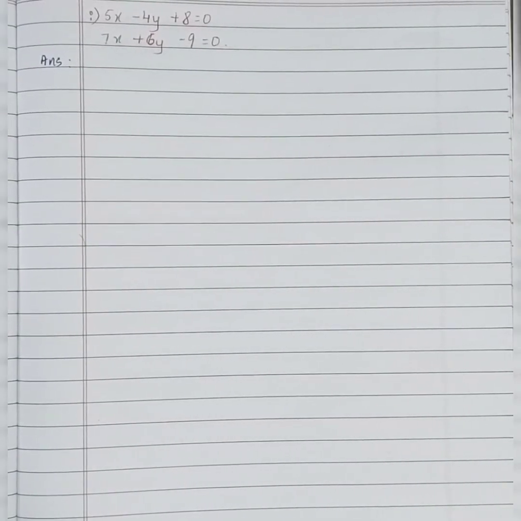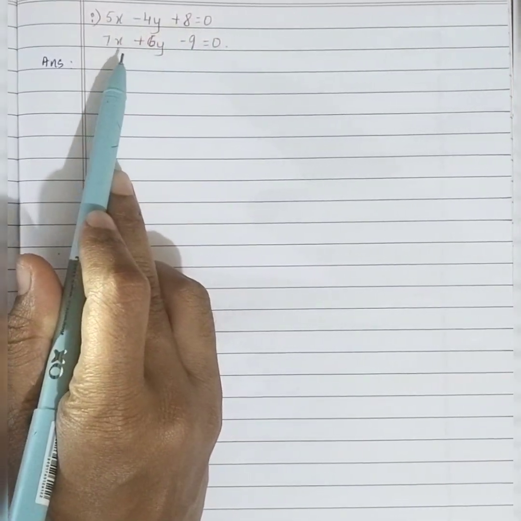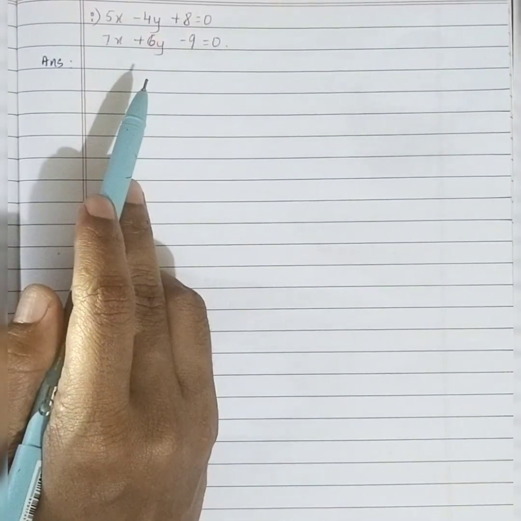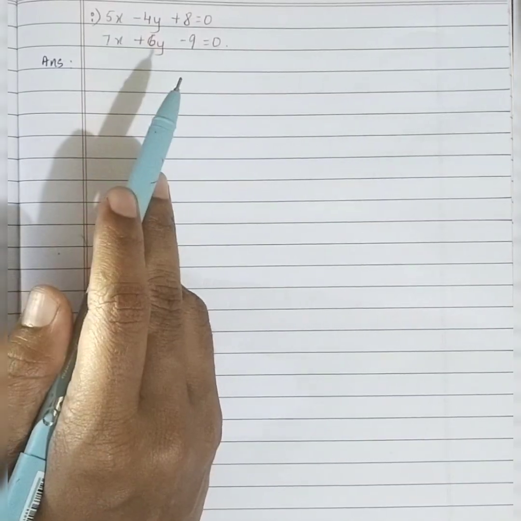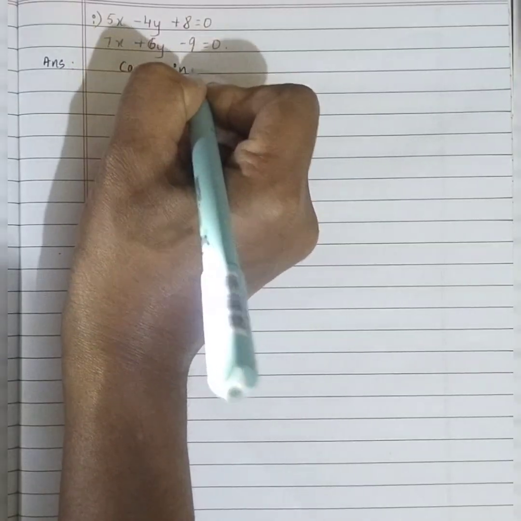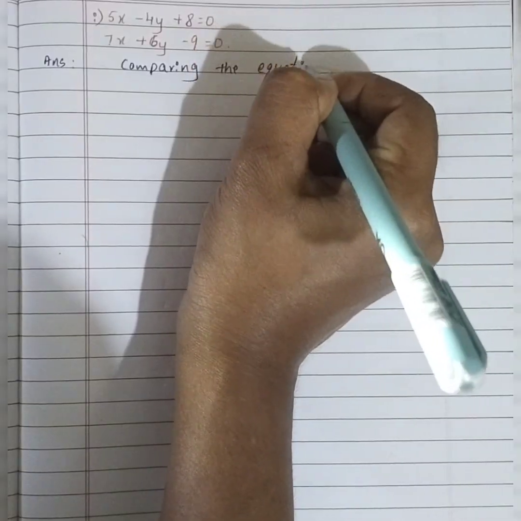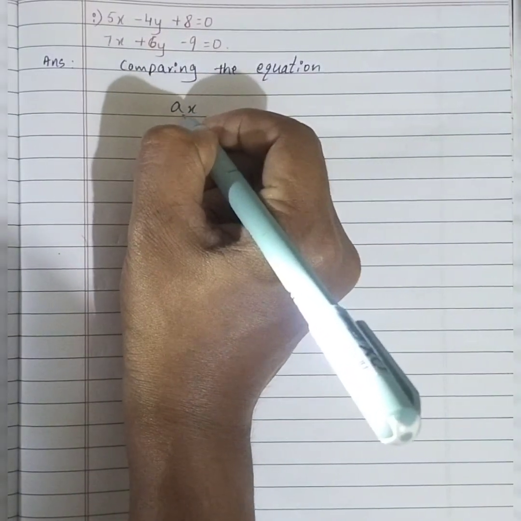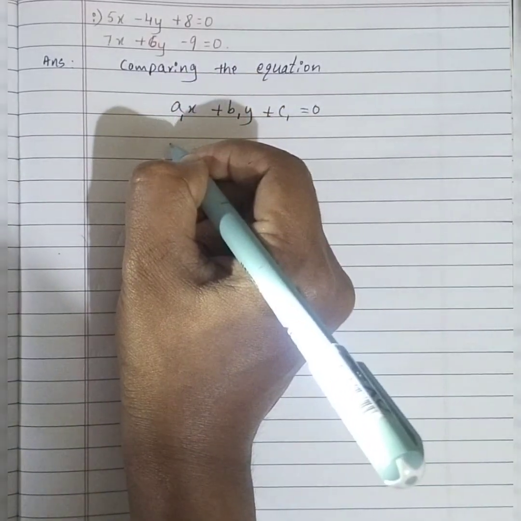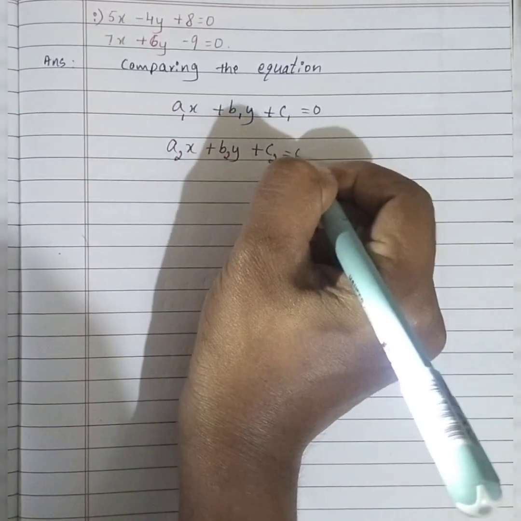The first question's equations are 5x minus 4y plus 8 is equal to 0 and 7x plus 6y minus 9 is equal to 0. Now we are going to find the answer for this. First we have to compare the equations with a1x plus b1y plus c1 is equal to 0, a2x plus b2y plus c2 is equal to 0.